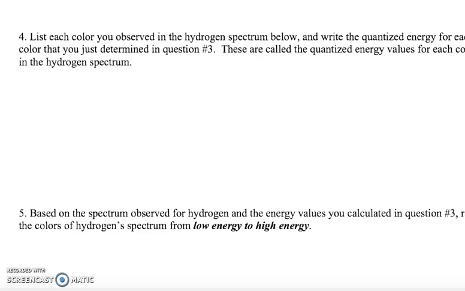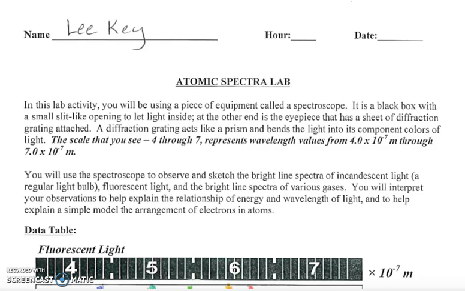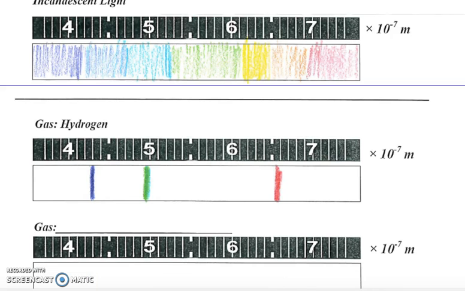If we look down at the hydrogen right here, we see that the blue line is at about 4.3, so that's 4.3 times 10 to the -7 meters. The green is about 5.0 times 10 to the -7 meters. And this red line is about 6.5 or 6.6 times 10 to the -7 meters.